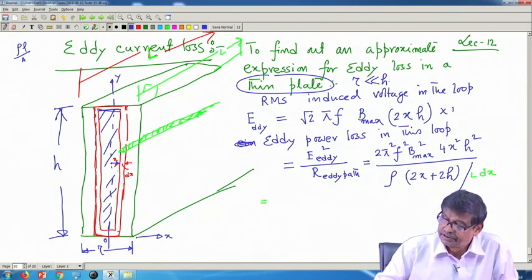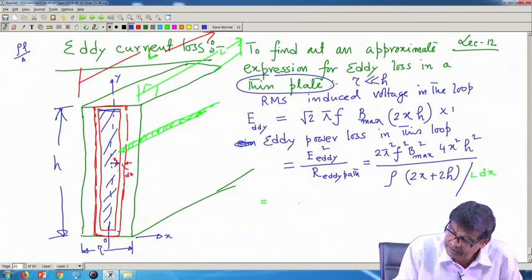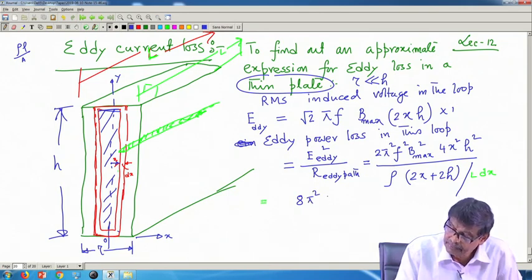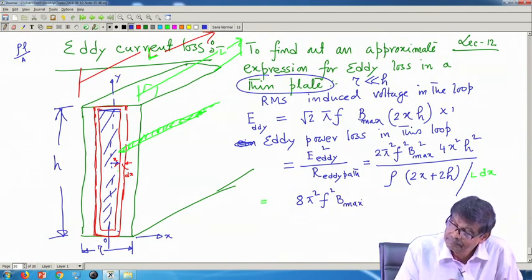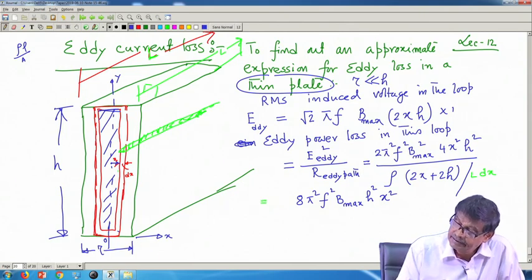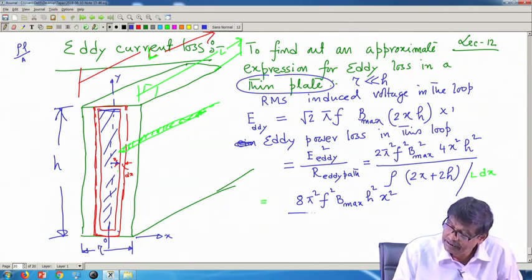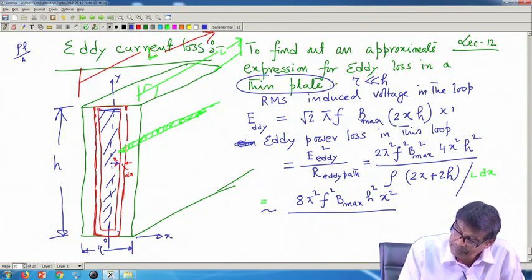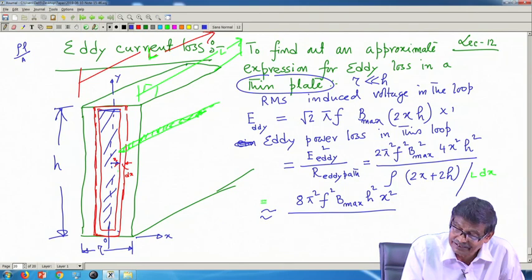The first assumption is this one. It becomes 8 pi square f square B max square h square x square, divided by this one, which is approximately equal to 2x.